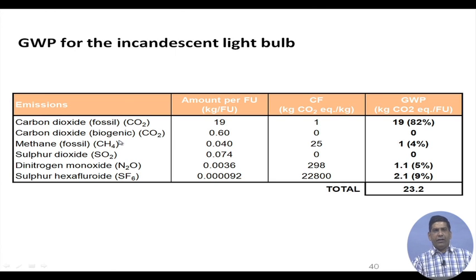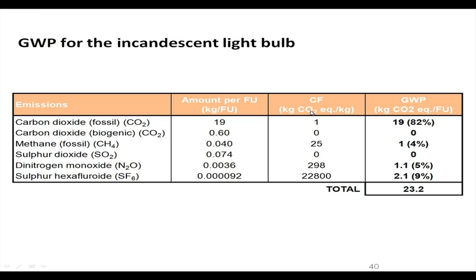What is biogenic? Biogenic CO2 is assumed to be CO2 which is coming from natural processes. So coming from plant-based, biological sources, the CO2 that is not fossil CO2, it's not the CO2 coming from gasoline and other fossil fuels. It is the biogenic CO2 coming from plant sources. And since the plant takes CO2 to make the food and then releases CO2 as well, we don't take any impact associated with that.